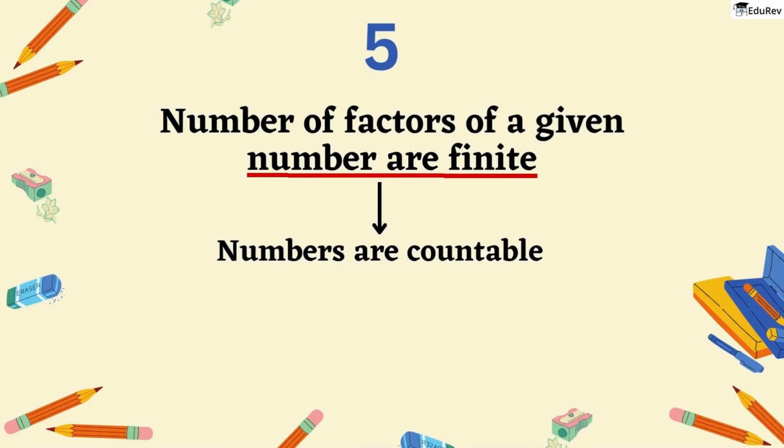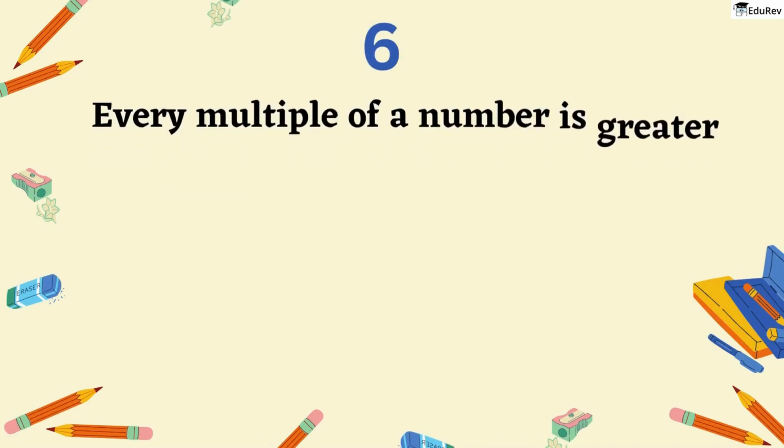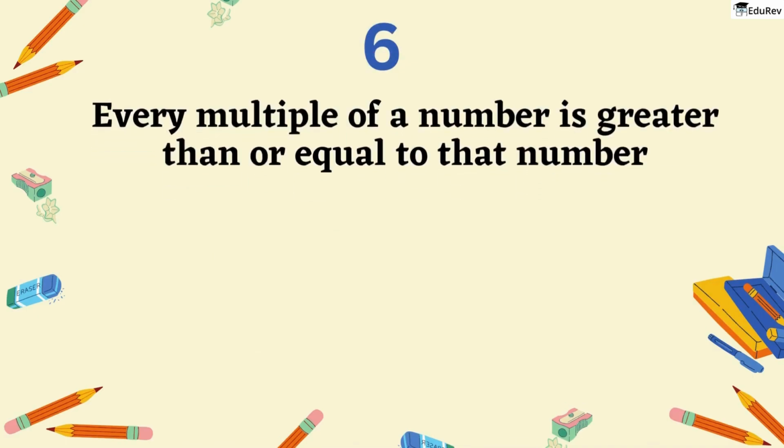When we find factors of any number, then the number of factors are countable, even if it is a number as big as 1276 or 89,351. Now, the sixth one is that every multiple of a number is greater than or equal to that number.